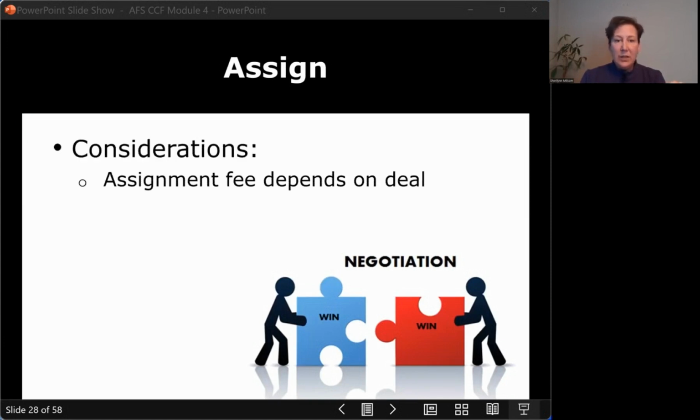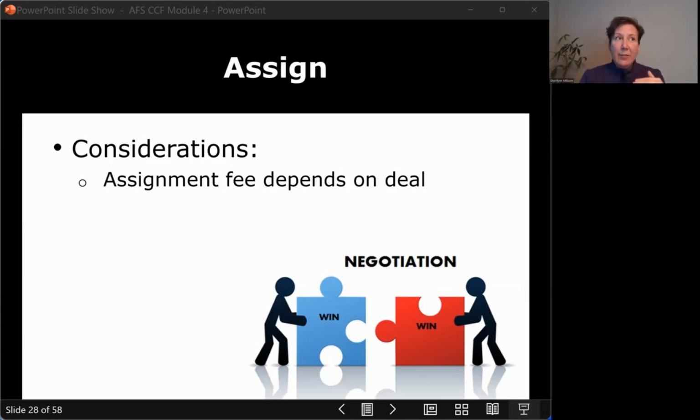Assignment. Considerations with assignment, first of all, are the fees. Now, assignment fees vary. They can be as little as $2,000. They can be as high as $25,000 or more. It really depends on the deal. If you are getting, for instance, a deal with fix and flip potential or fix and refinance potential that has a huge spread between current value and after repaired value, it could easily be $100,000, $150,000, even $200,000 for some of these deals that need a lot of work.